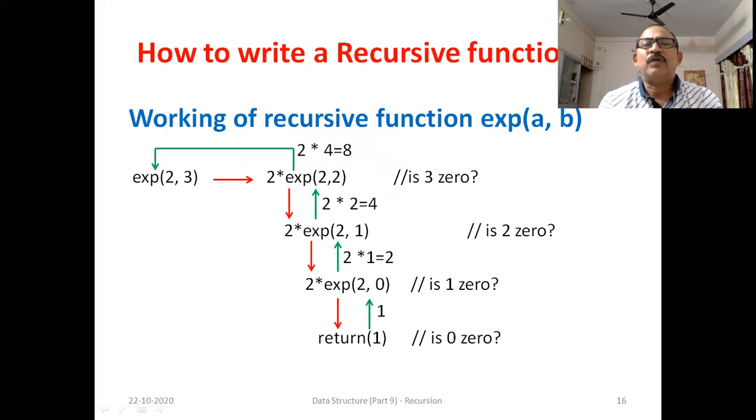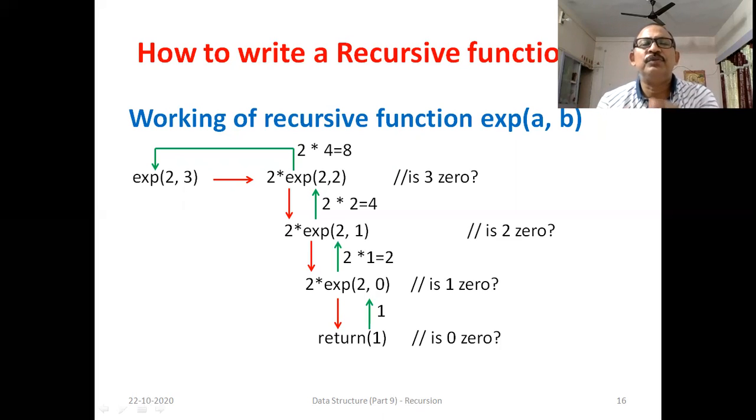Now suppose we want to calculate 2 to the power 3. Then we call the function exponent with two parameters, 2 and 3. At this time in the function, the system first checks: is 3 equal to 0? The answer is no. Then the system goes into the recursive component, where we write A into exponent(A, B minus 1).